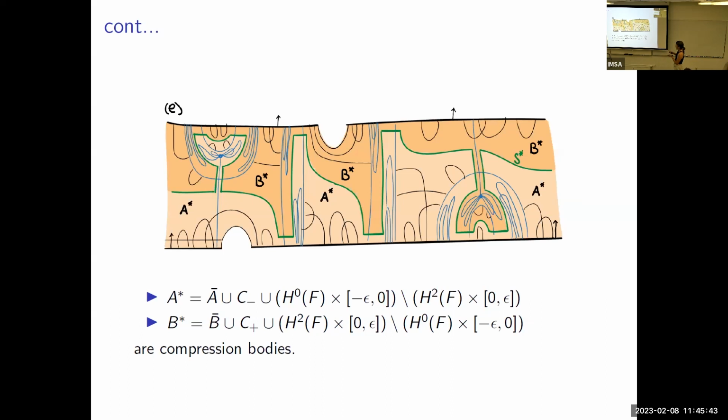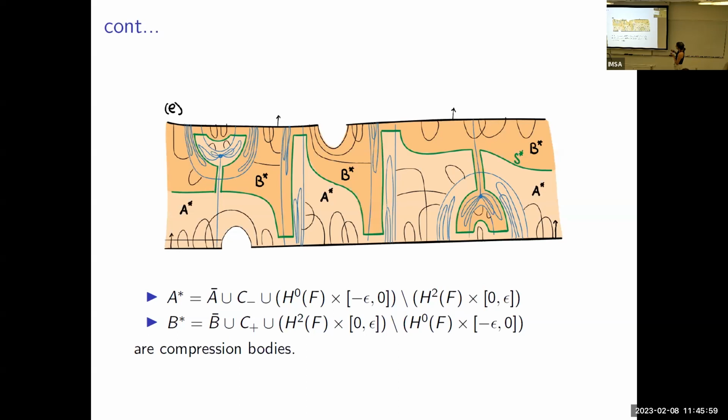And for B, we do the dual. So these things are compression bodies.